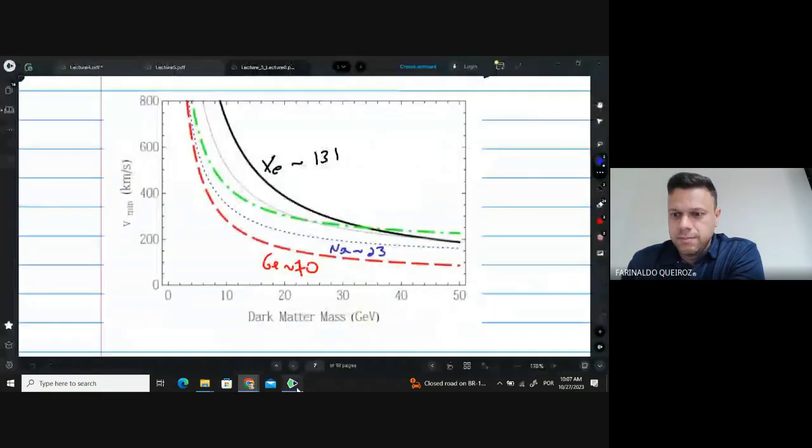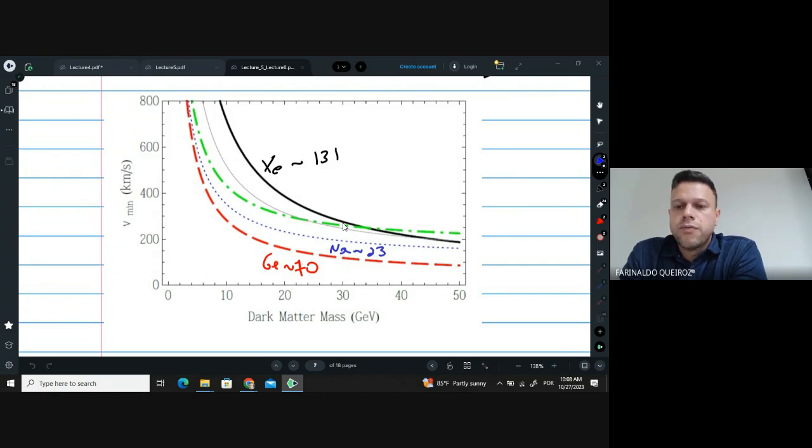Yes. Okay. I'm going to repeat again. In this plot, you have the minimum velocity as a function of dark matter mass. The black curves represent the minimum velocity which a dark matter particle should possess in order to produce a detectable signal in a given direct detection experiment that features different elements, either xenon, sodium, or germanium.